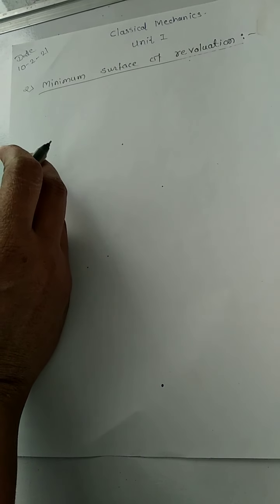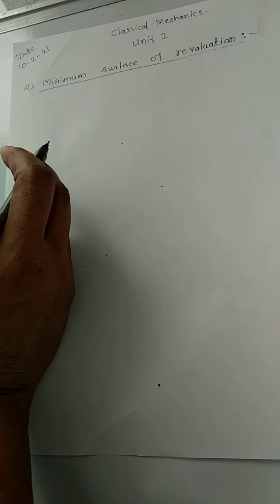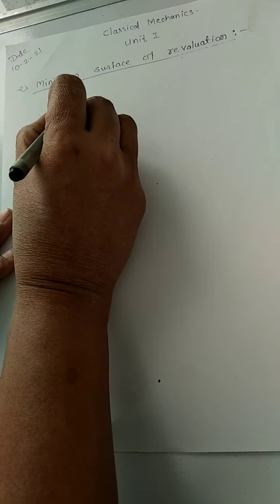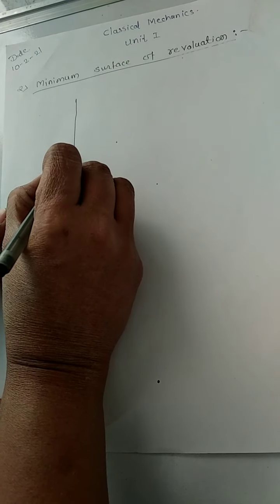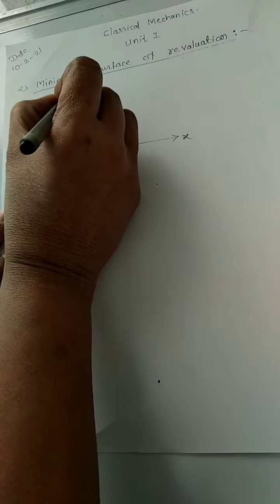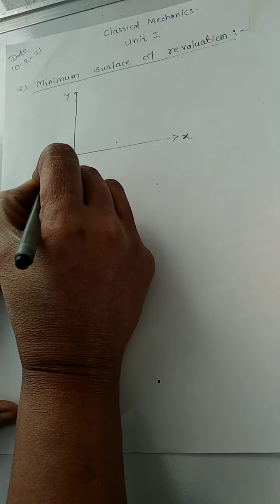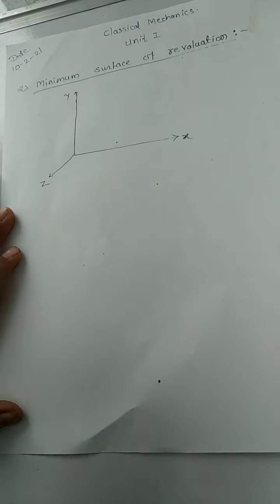First, we draw the diagram. Consider 2 points x1 and x2 and axis x, y and z. That is x-axis, that is y-axis, and this is z-axis.